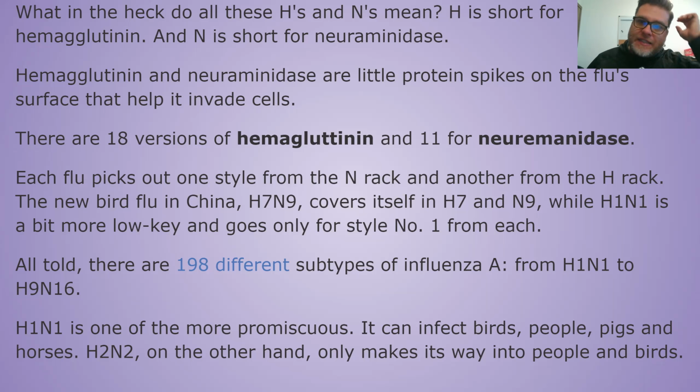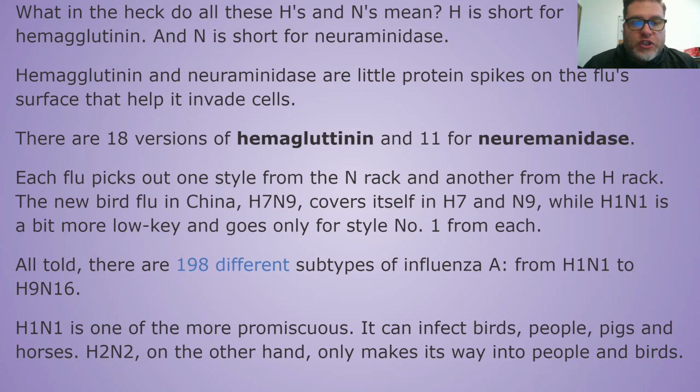Basically what these proteins do is they're little protein spikes on the surface of the virus, which help it invade the cell. There are 18 versions of hemagglutinin and 11 for neuraminidase, so you can literally have H18 and N11. The flu picks out one style from the N rack and another from the H rack.